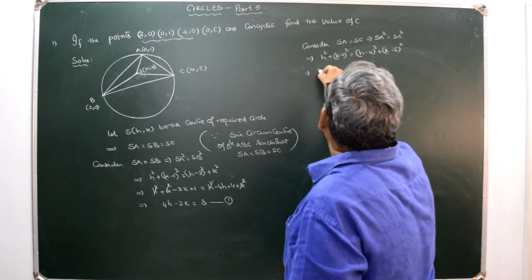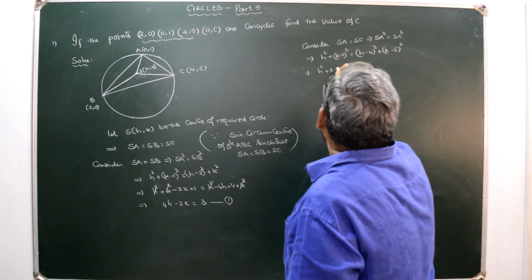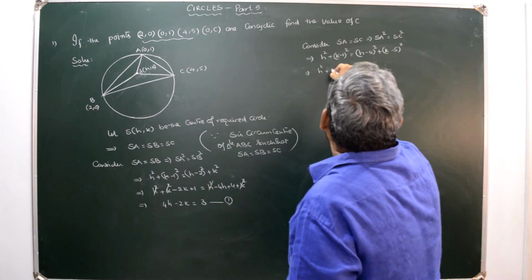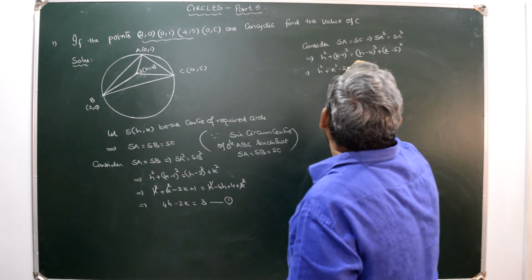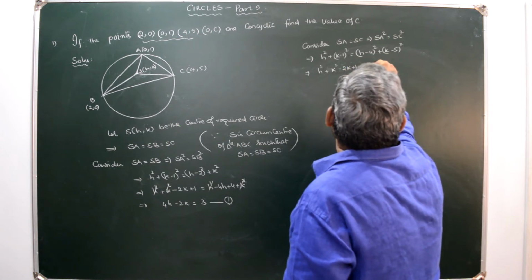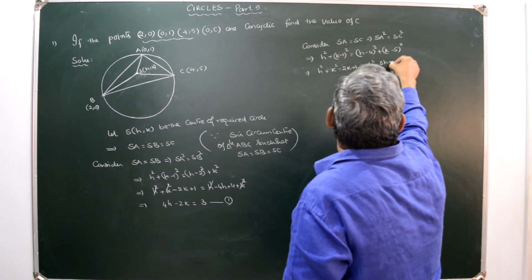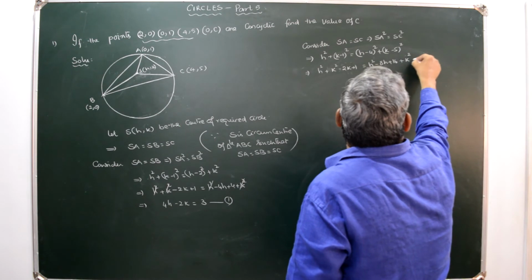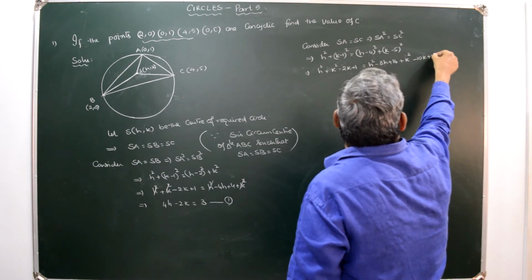Again H square plus K square minus 2K plus 1 equals H square minus 8H plus 16, plus K square minus 10K plus 25.